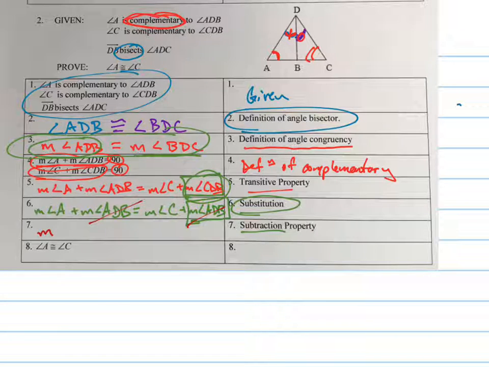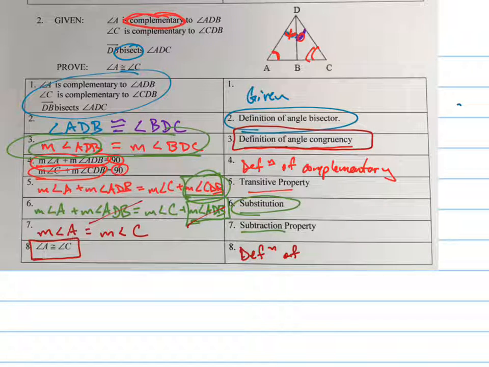So I'm saying the measure of angle A is equal to the measure of angle C. And if the measure of angle A is equal to the measure of angle C, then angle A is congruent to angle C, which, if we go back to that other reason, that's the definition of angle congruency. And there's my proof.